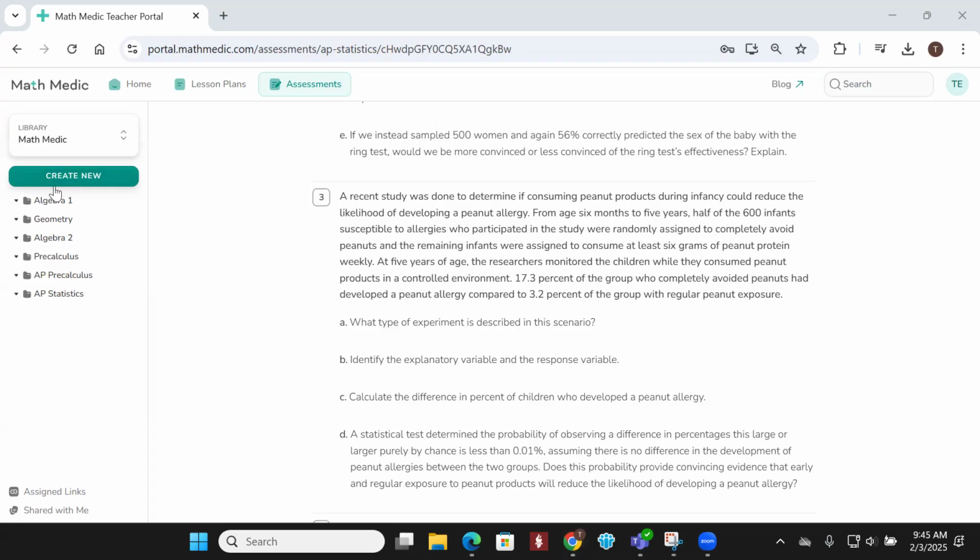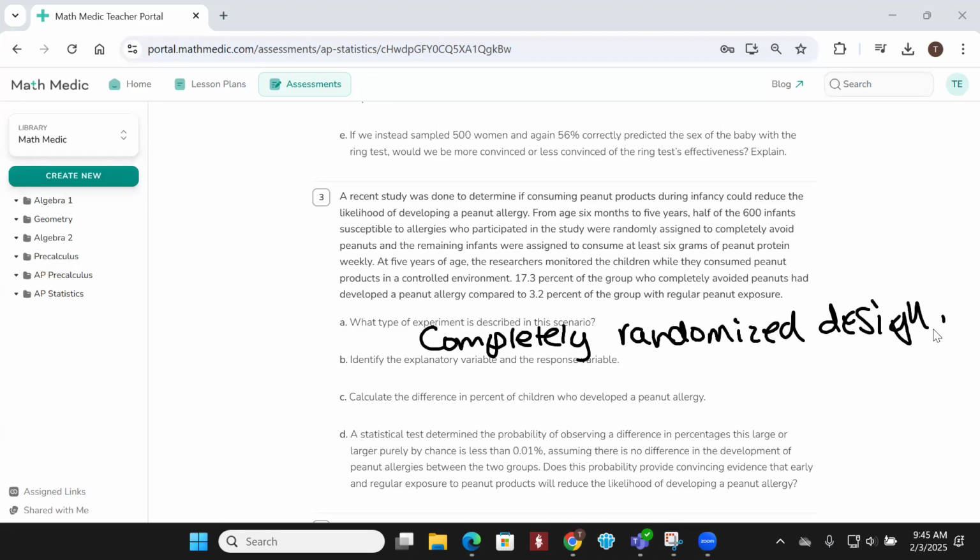No. So this is going to be a completely randomized design. Okay, I know on a multiple choice question you would have gotten that, right? It doesn't state how they were assigned. It doesn't give us any details on it, but we know that it's a completely randomized design, right? That's all we know.